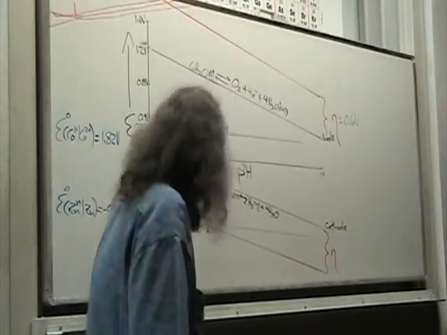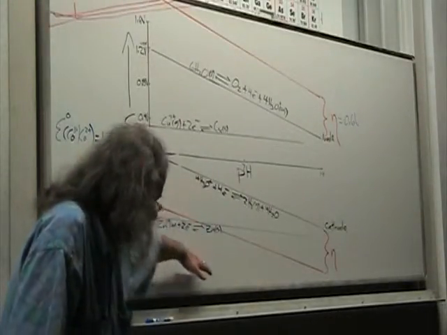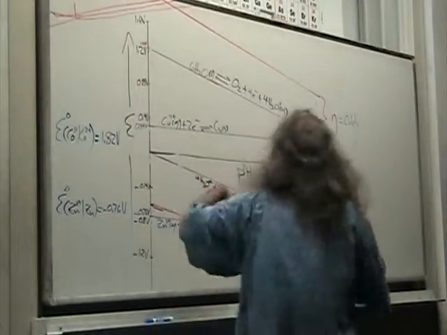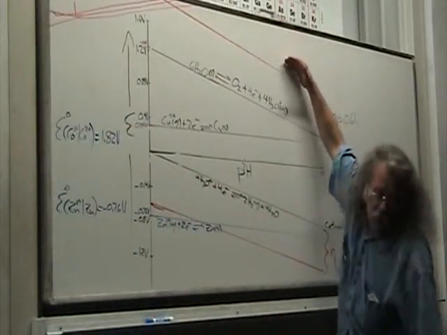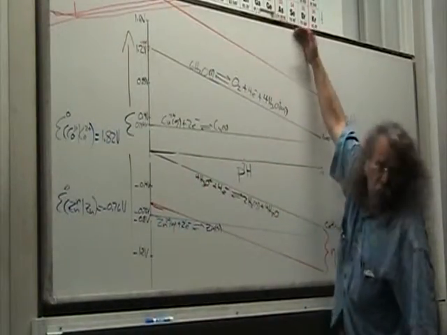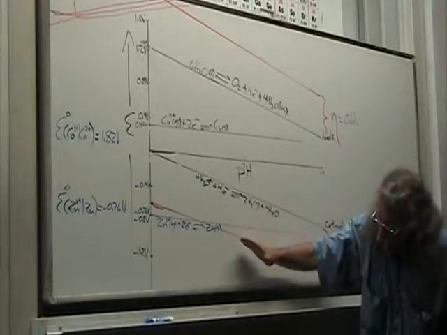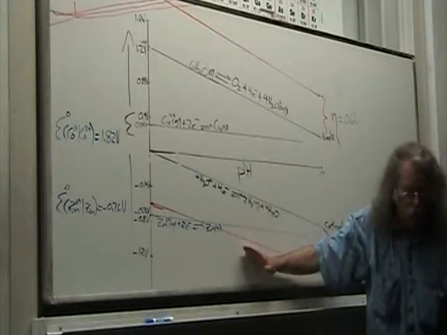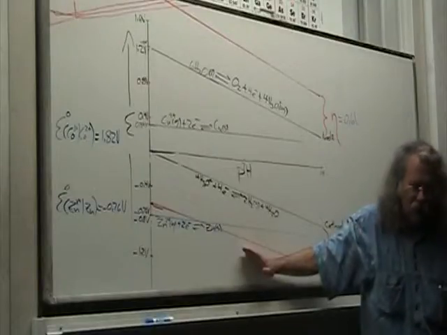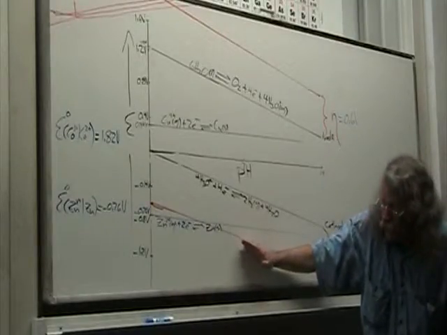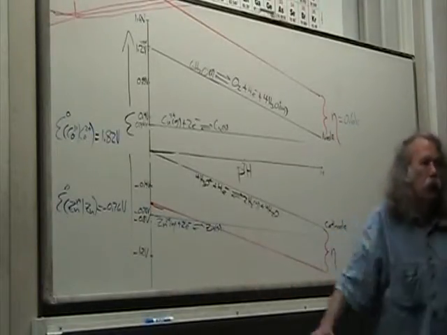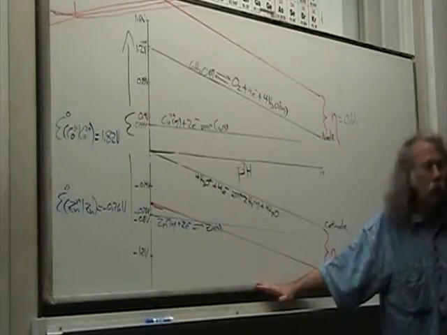It'll reduce the oxidized form of any couple above this red line. It'll oxidize the reduced form, and I know it sounds like doublespeak, but it'll oxidize the reduced form of anything below this red line.